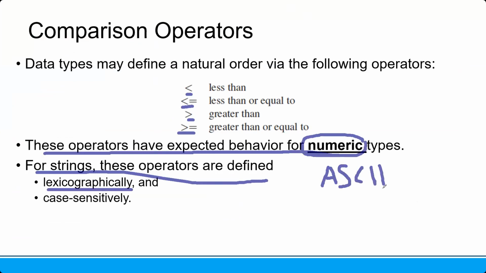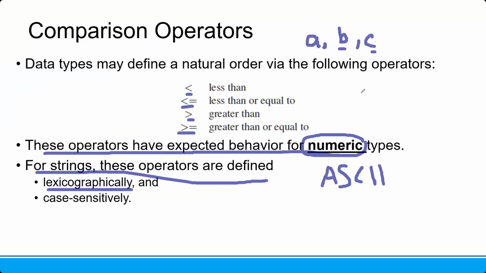In the ASCII code, we already define a sequence. If you know A, B, C, okay, this is a sequence. A comes before B. B comes before C, and so on. It is an order.